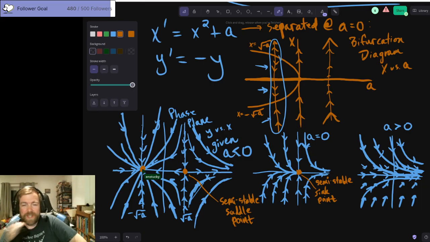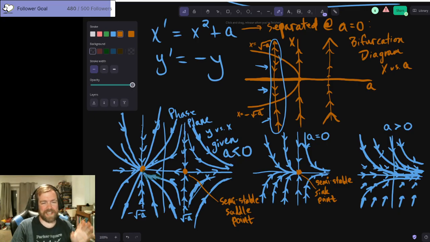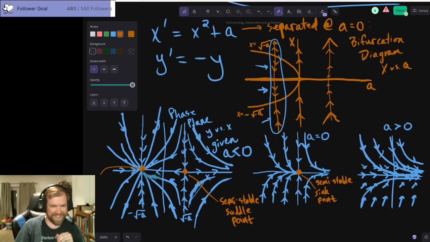A nudge in literally any direction except the vertical will push it onto an unstable path. It'll move it somewhere completely different. But if you nudge it exactly in the vertical direction, then it will return to its current position. So it's a technicality, really, but it is still considered semi-stable. It doesn't have to be literally half of the outcomes.